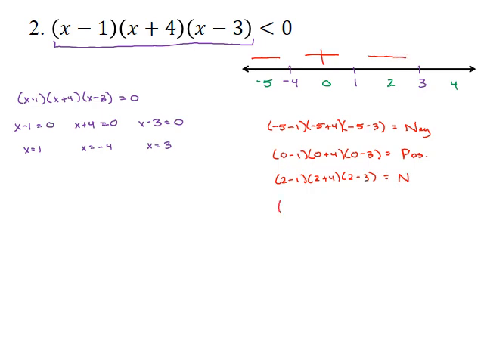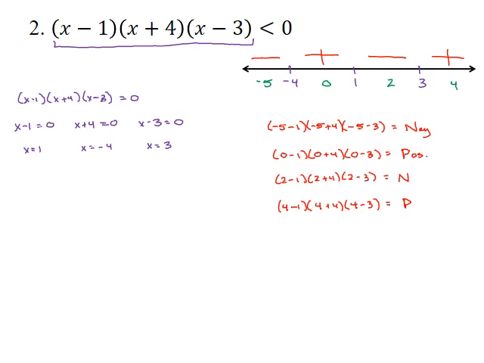And finally, you probably can guess what's going to happen, but we'll check anyways. If you plug 4 in, that is 4 minus 1 times 4 plus 4 times 4 minus 3, which is a positive times a positive times a positive. So 3 positives make it positive. So you do alternate all the way down.